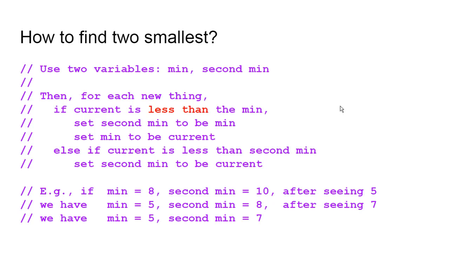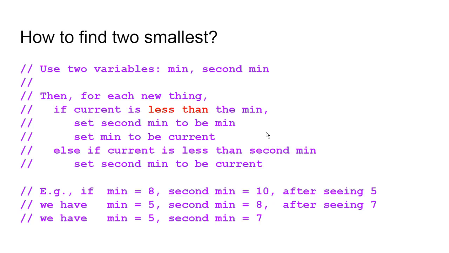If the current house we are looking at has a PPSF that's not less than the min, then we need to compare it with the second. If it's less than the second min, then we have found a house that's the new second best, so we need to record that information. The last few lines on this slide illustrate the example. Suppose we have a min value of 8 and a second min of 10 right now, and the next one we see is 5.